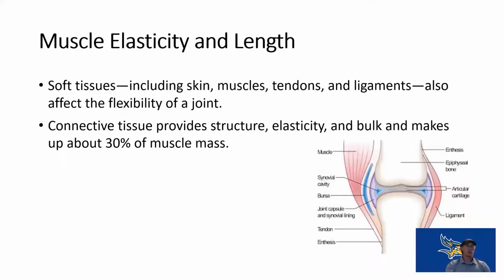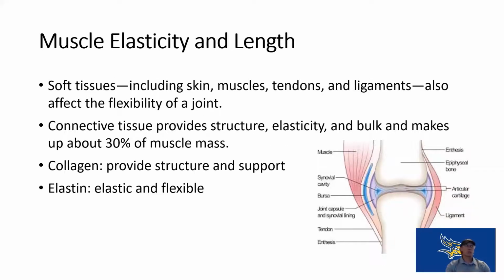Okay, with muscle elasticity and length, our muscles and our connective tissue have a specific length and their ability to move. And how much muscle mass and how much connective tissue you have will determine if you have more or less range of motion. Okay, but realistically, it's about how much collagen and elastin you have within your connective tissue, so how pliable it is, and then how much length you are able to achieve.